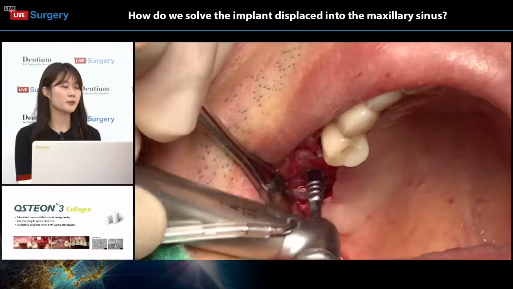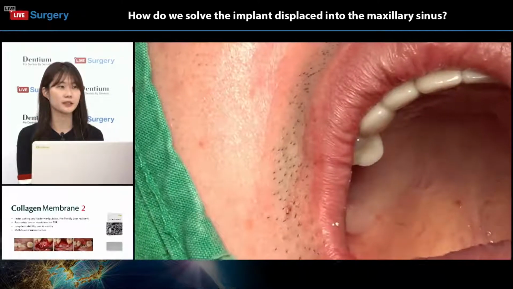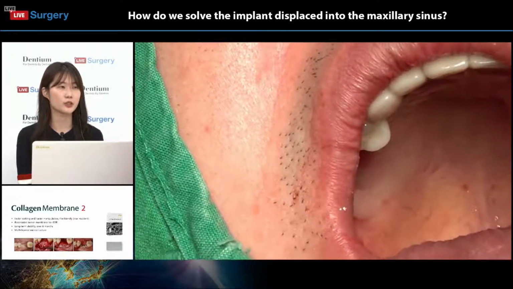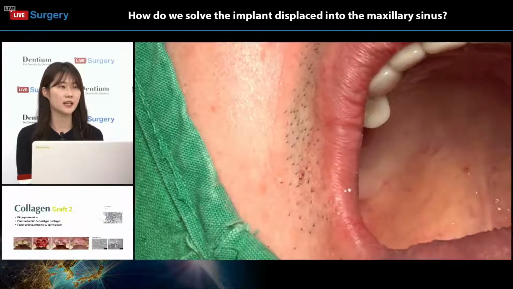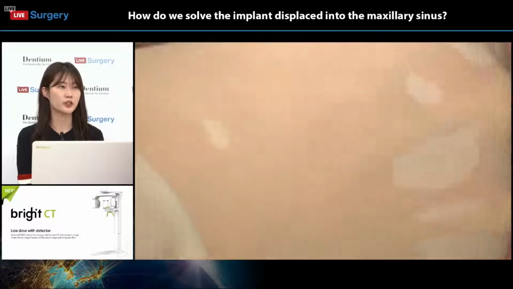As mentioned before, the reason we have chosen the Superline implant is because it shows good primary stability when in a poor condition of the bone.